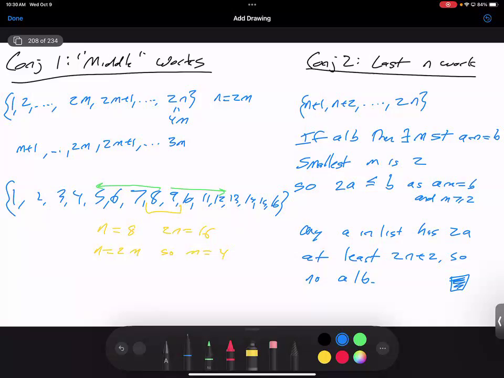Is it possible for one number in that list to divide another number in that list? Okay, which number can divide which number? 12 and 6. So you've just found 12 and 6. Then the question is, will that be able to expand? Can you do that in general? And can we also do that in the case when n is odd?